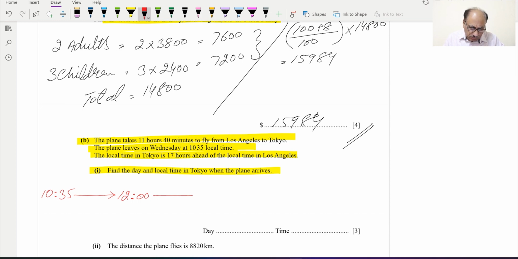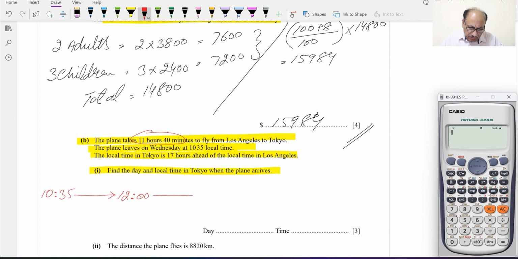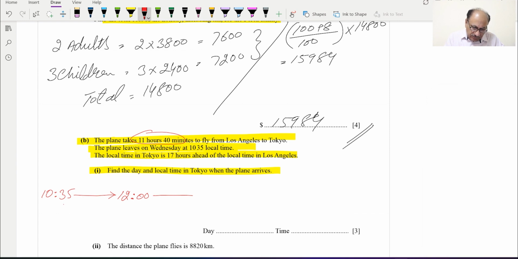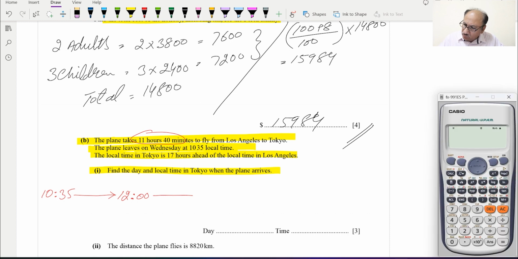The total time taken is 11 hours 40 minutes. So if we subtract the interval gap, we can use the time button here: 12 hours minus 10 hours and 35 minutes gives us 1 hour 25 minutes.